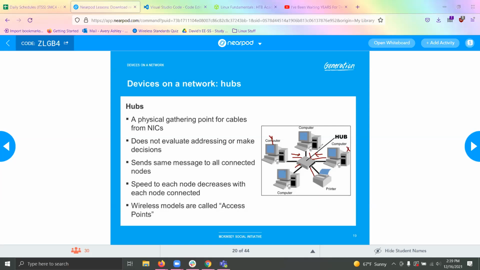I just want to make sure I understand what a hub is. I know it's not a very smart or high-tech kind of device, but it doesn't have memory. It doesn't have a table, right? Nope. No, it doesn't.